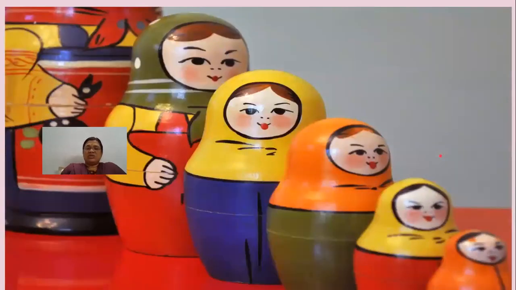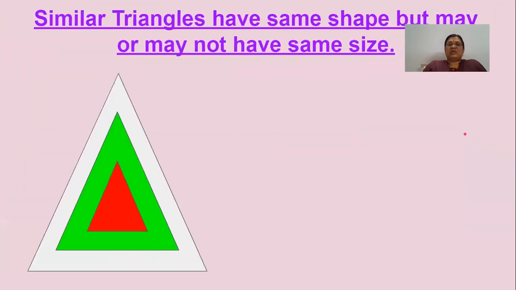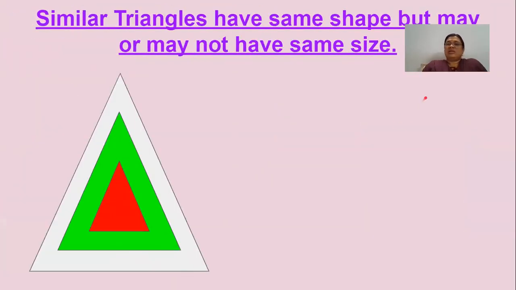See, all these toys look alike. We should not say they are the same. We should say they are similar to each other. They are identical to each other. See, this is a polygon. What is the shape of this?